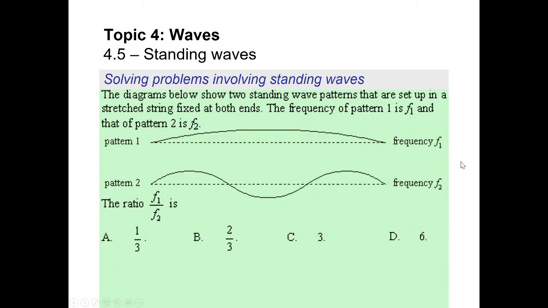All right, our last problem. The diagrams below show two standing wave patterns that are set up in a stretched string fixed at both ends. The frequency of pattern 1 is F1, and that of pattern 2 is F2. The ratio F1 to F2 is, okay, so let's go to our page here. So we're going to work this out. Again, no memorizing here.